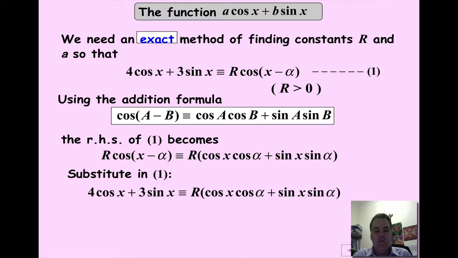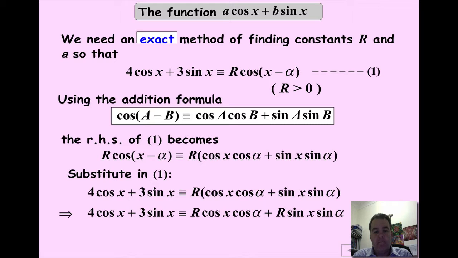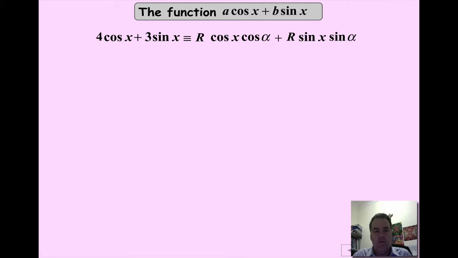Now what I do is look at the left hand side and the right hand side, and I'm going to compare the coefficients. On the left hand side the number in front of the cos x is 4. On the right hand side the term in front of the cos x is r cos alpha.